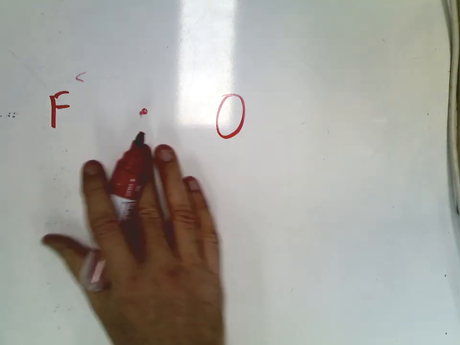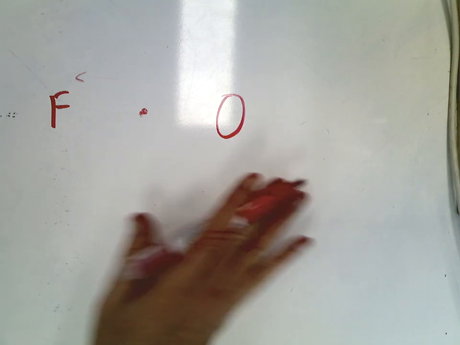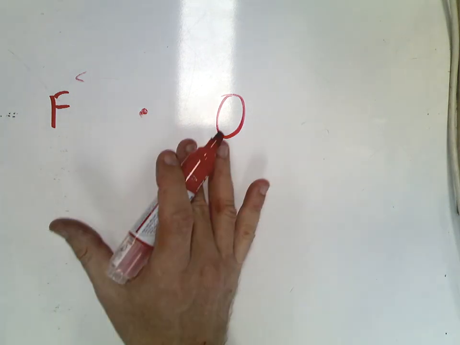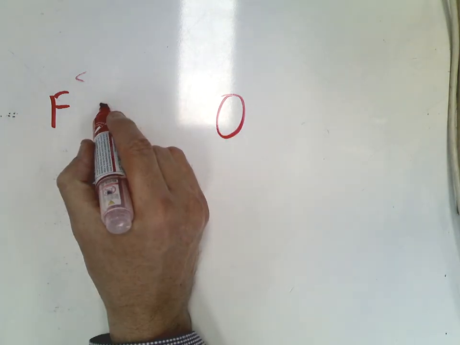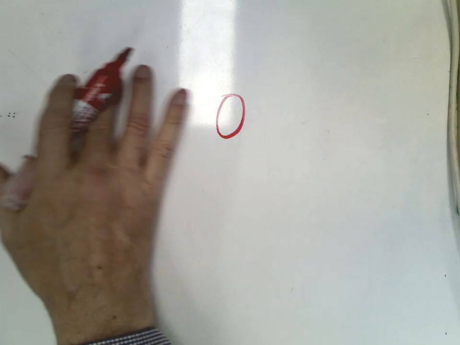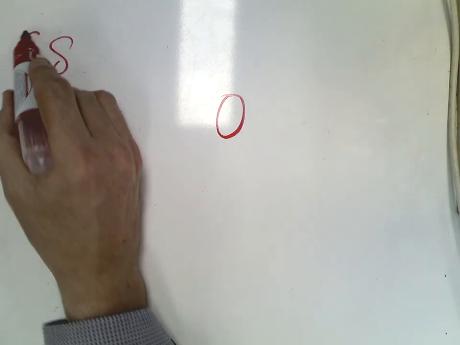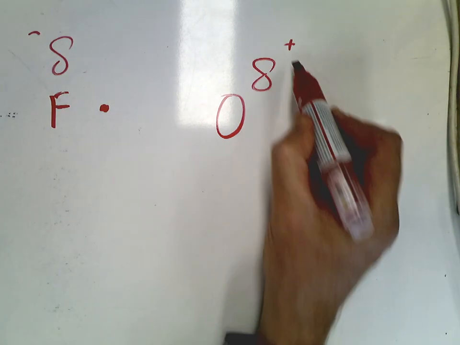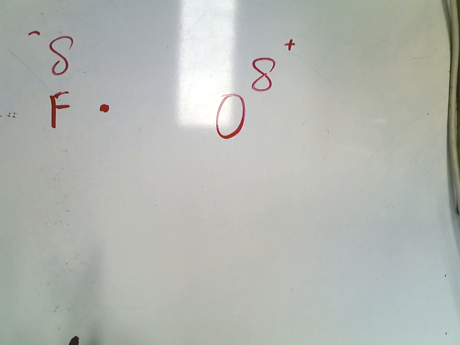Instead of being in the middle, it would be found closer to fluorine. That would make this end slightly negative, and this end slightly positive. And we call this polarity.